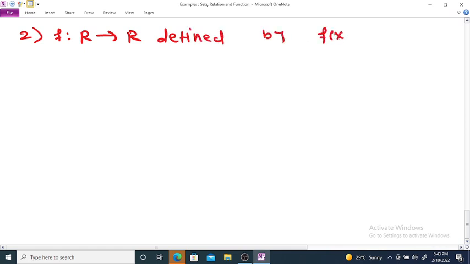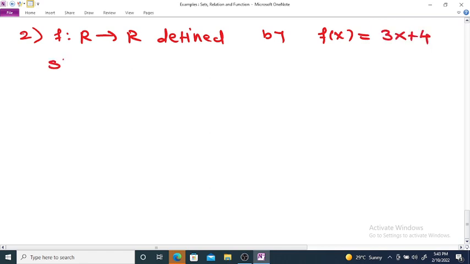Next, example number 2. Let f be a function from the set of real numbers R to R, defined by f of x is equal to 3x plus 4.